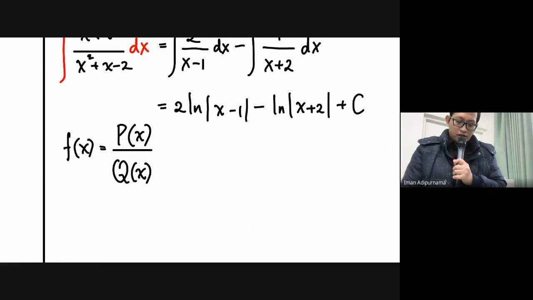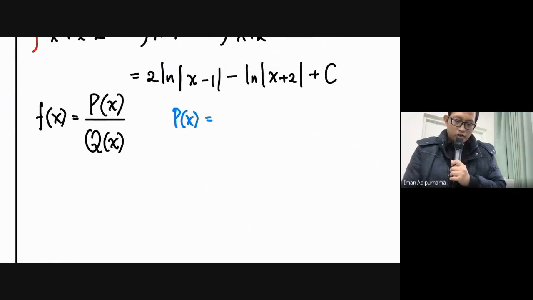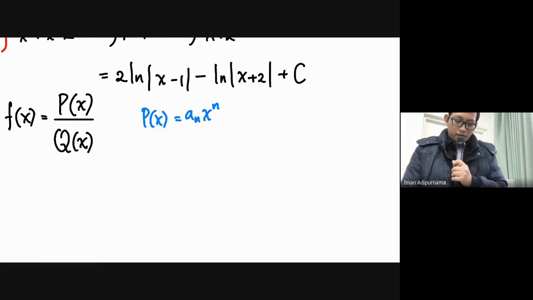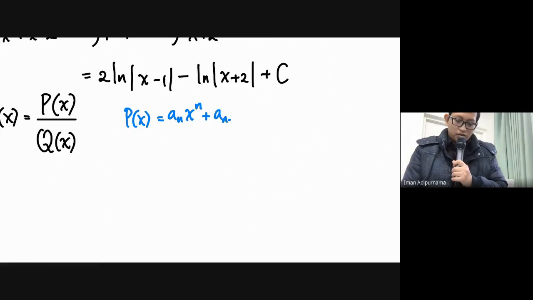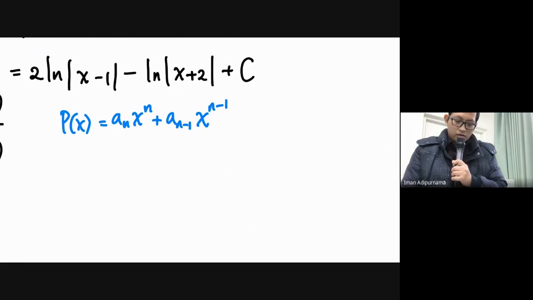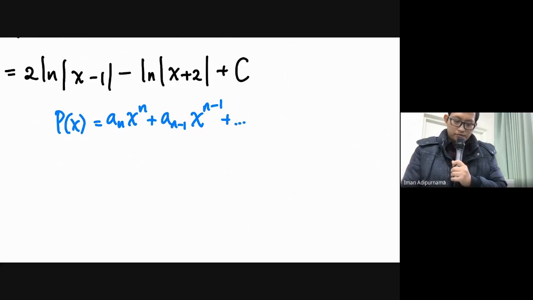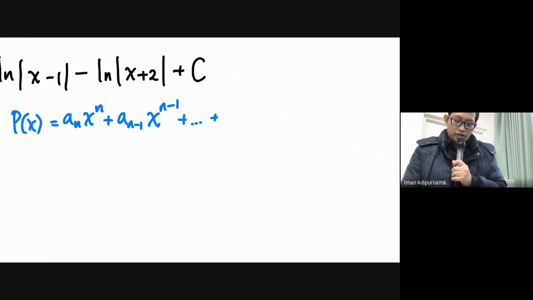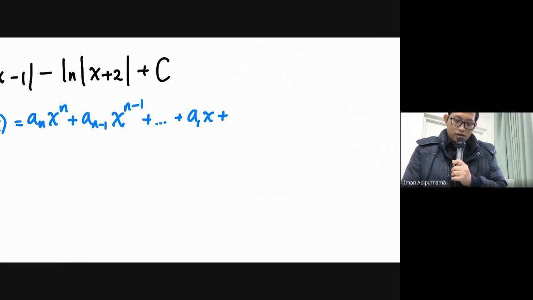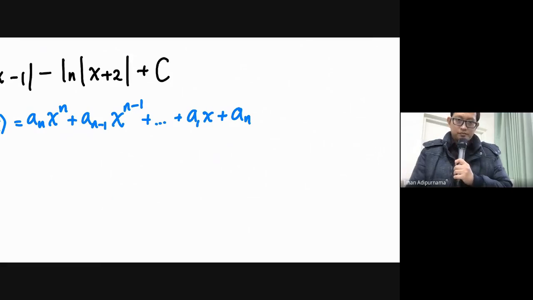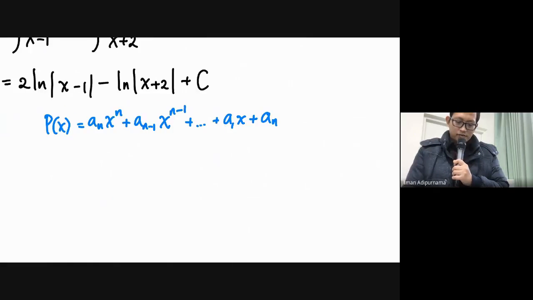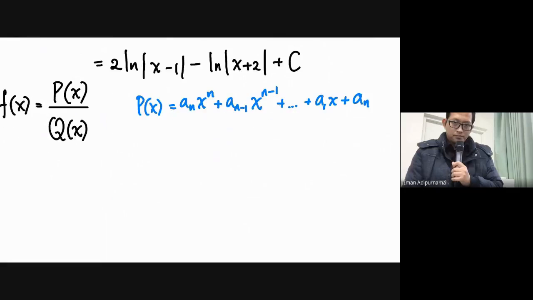Let's say we have p of x, which we define as a polynomial function, and then plus, and the very end is a1x plus an. That's a polynomial.